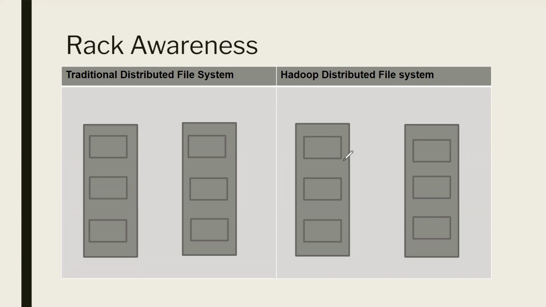So now think that you have VM1, VM2, VM3, and similarly this one is, let's say, 4, 5, and this is 6.